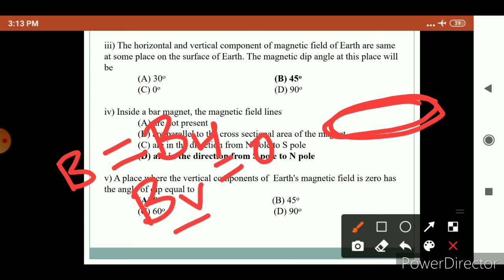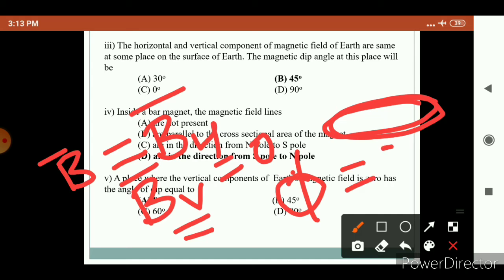That is, BV, the vertical component of the magnetic field, becomes 0, and at that time phi becomes 0 degrees. Now in one more case, where both components are the same in some places, in that case the angle of dip becomes 45 degrees.